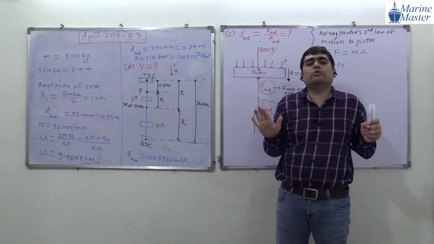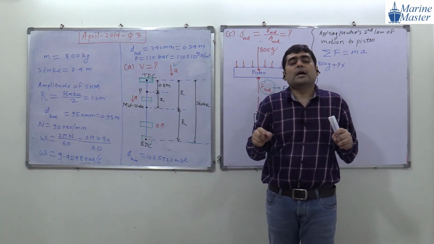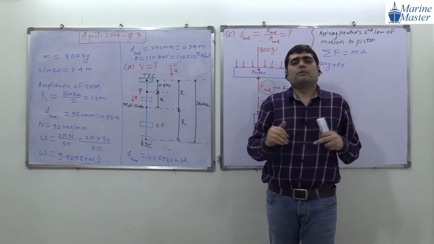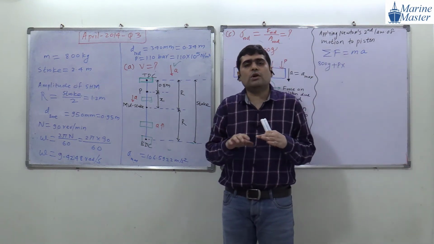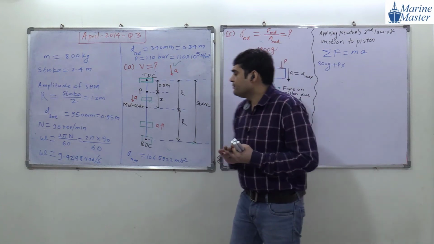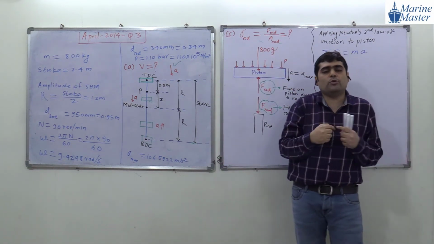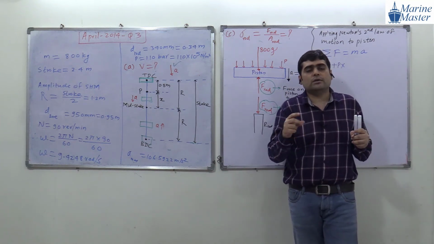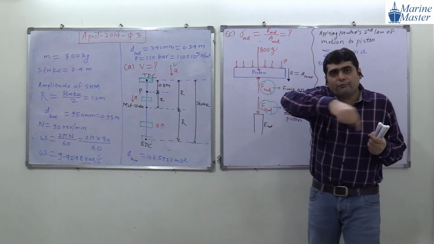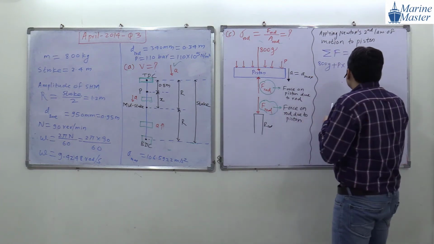Actually there will be some clearance, but throughout mechanics our assumption is that the area of piston equals the area of bore. So pressure force means pressure into which area? Area of piston or area of bore?